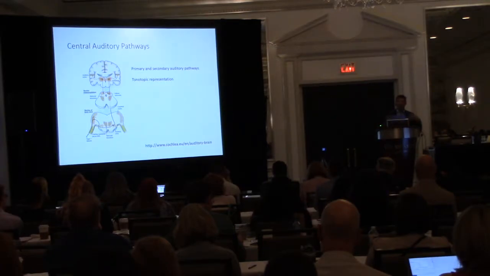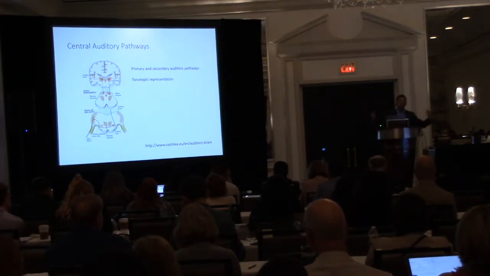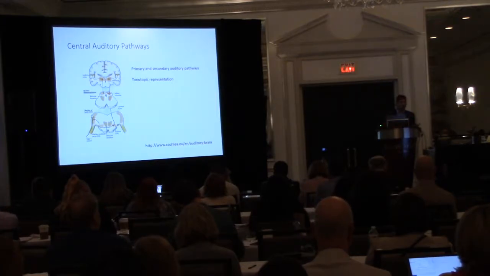So the same auditory signal is now being expanded. Different representations of the same signal are all captured across the auditory pathway somewhere. And then collectively, somehow the brain is piecing that all together to make sense out of it.